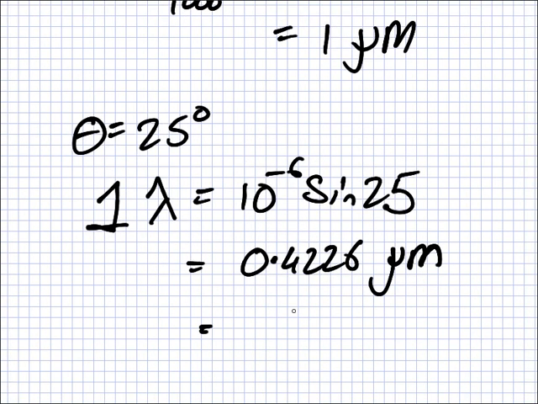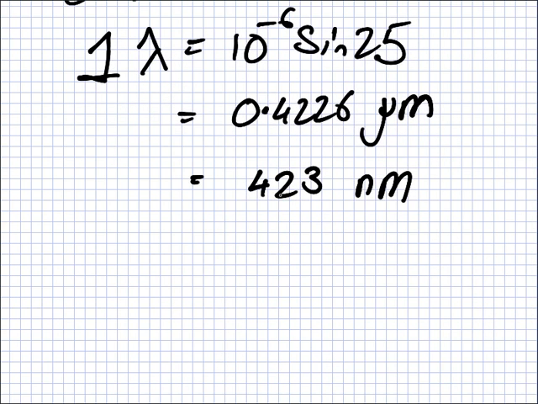So if I make that nano, that is times 10 to the 9, so that would be 423 nanometers. Okie dokie. You don't have to convert it, I just like to, it's nice.